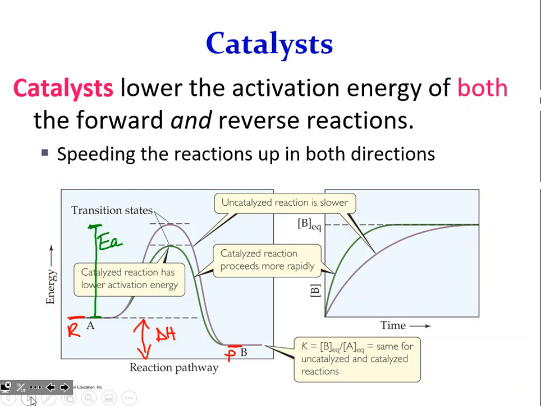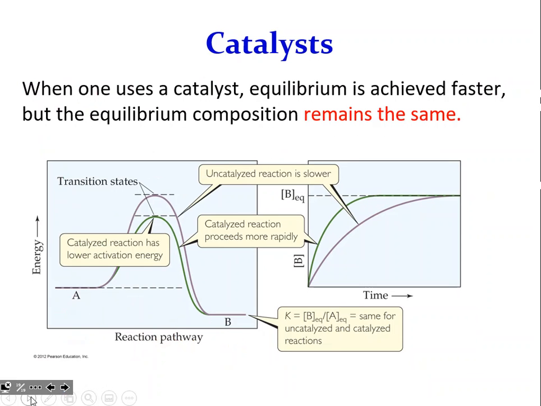What that does for us, though, in terms of equilibrium position, is pretty much nothing, because for the forward and reverse rates, it's quicker to getting to equilibrium, but the composition, or the amounts of the reactants and products, that proportionality of K, does not change.